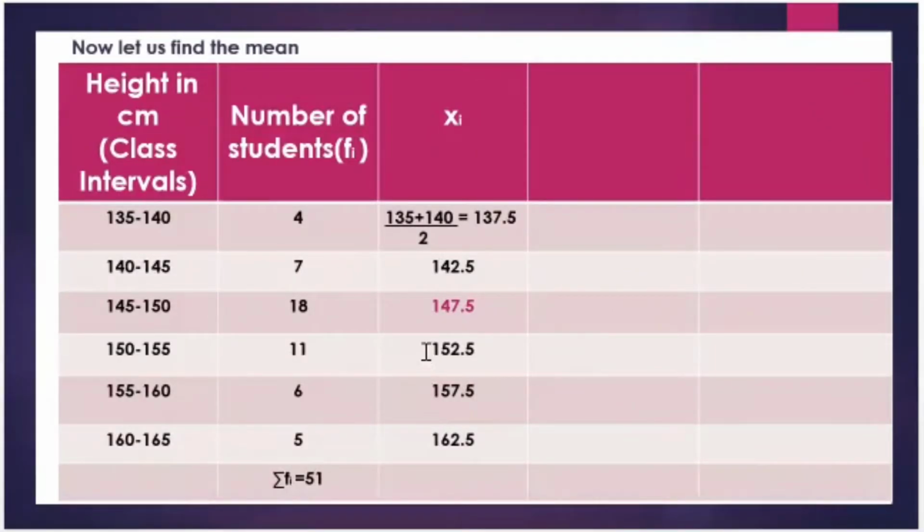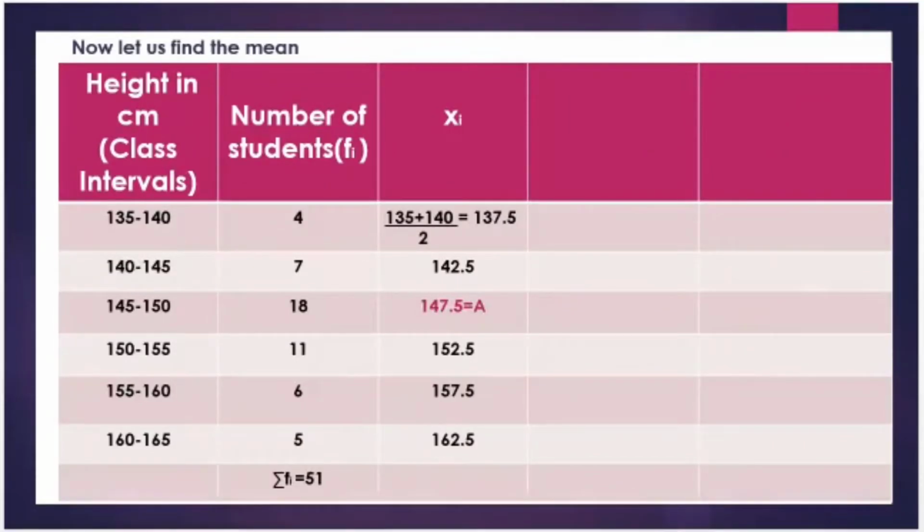I preferably take the middle value. Now here there can be two middle values, 152.5 or 147.5. The answer will not change whatever middle value I take. So we generally take the assumed mean to be that for which the frequency is more out of these two. Out of these two, 18 is a greater frequency. So I'll take the corresponding class mark 147.5 as the assumed mean A.